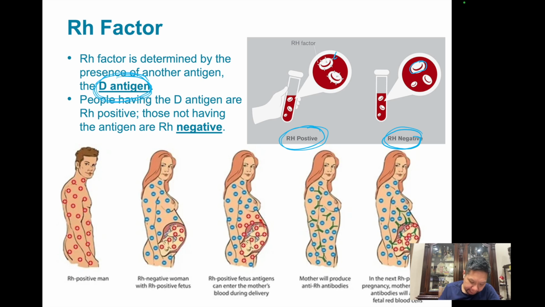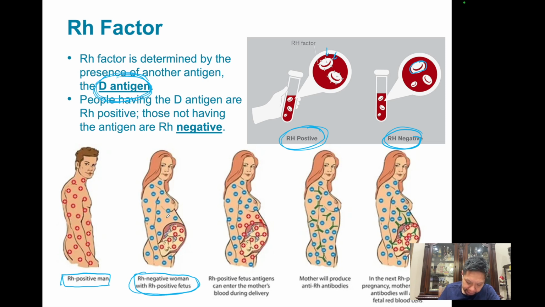Well, say you have a man who's Rh positive, which means all his blood cells have this spike on them, the D antigen. The first time that he and his wife or whoever get pregnant, everything's fine.